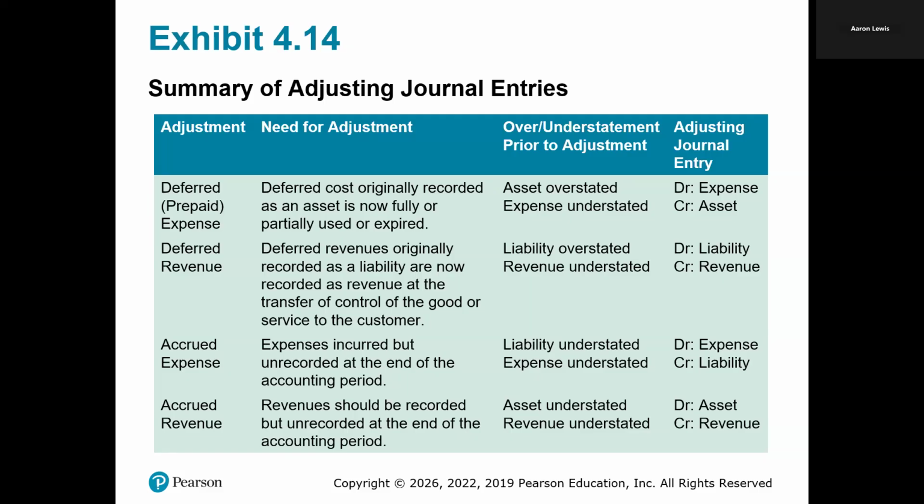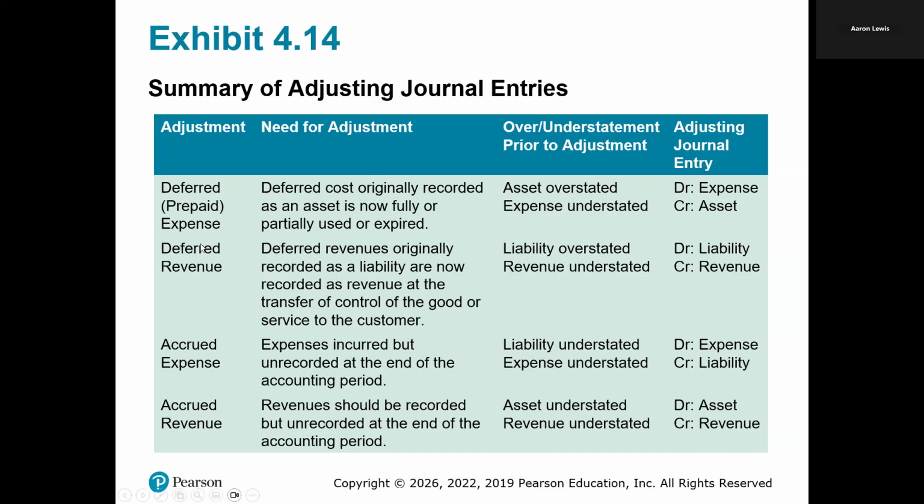You need to expense it periodically over time. If that's the case, you're always going to have the same entry: a debit to the expense account that's recognizing the expense and a credit to the asset or the contra asset that's tied to the account that you are expensing.